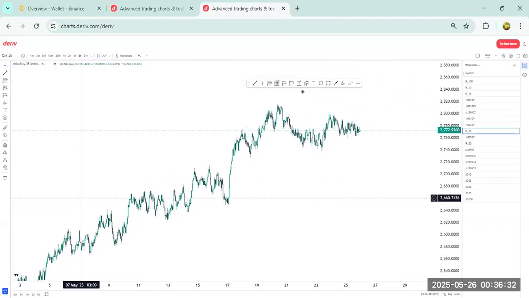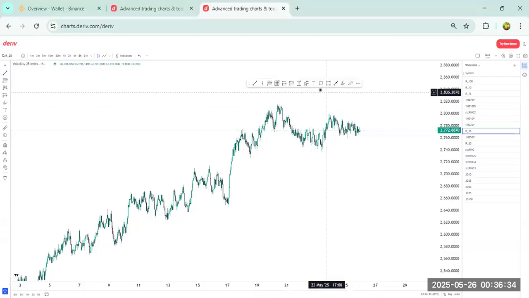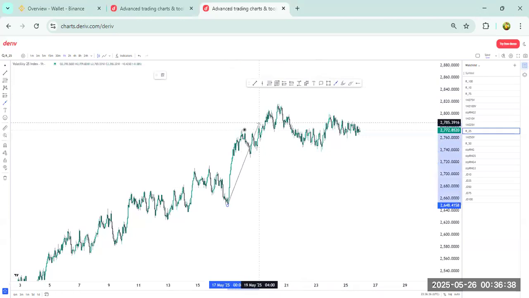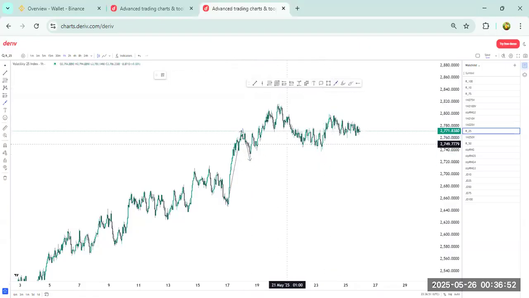So currently, I consider this one as one big move. I had one big move to the upside. We had a retracement, and then we've had another big move.